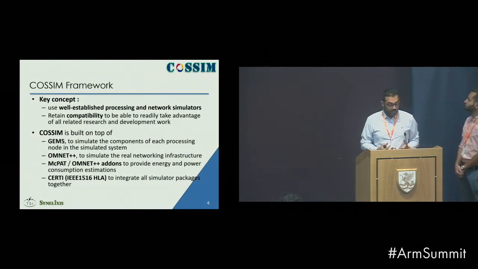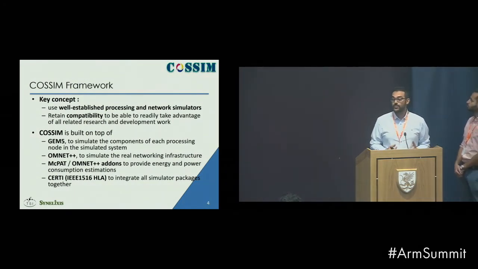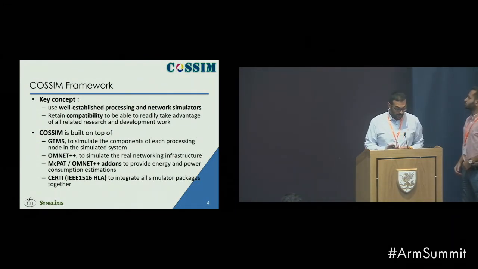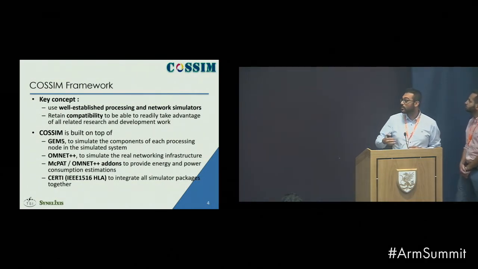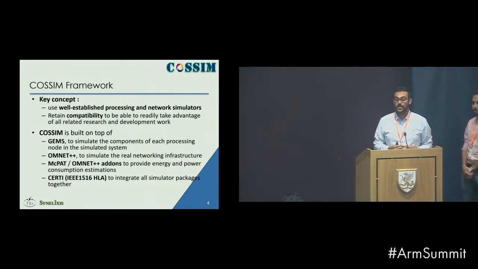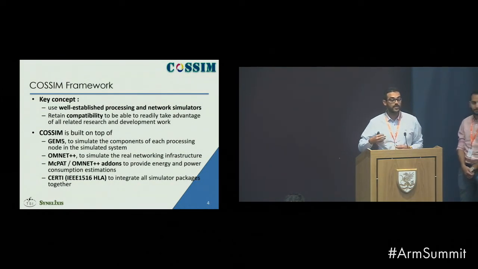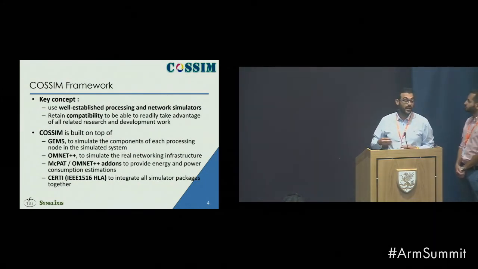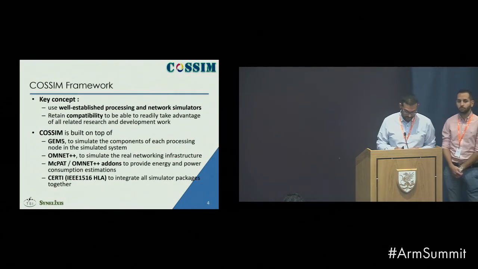Therefore, we adopt GEM5 as our main processing simulator, Omnet++ to simulate the network, McPAT and other add-ons for estimating the power consumption. And what brings everything together is CERTI, which is an IEEE compliant high-level architecture implementation.